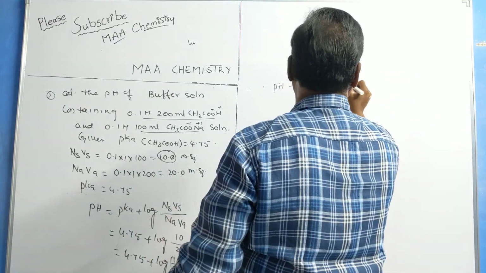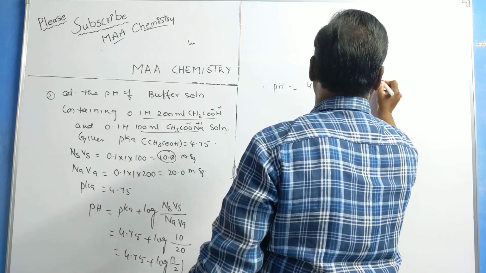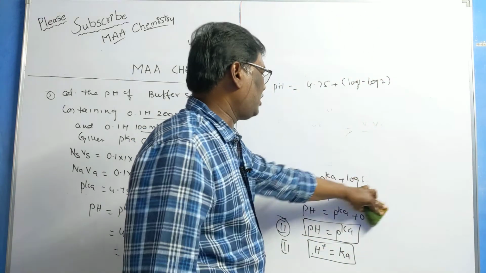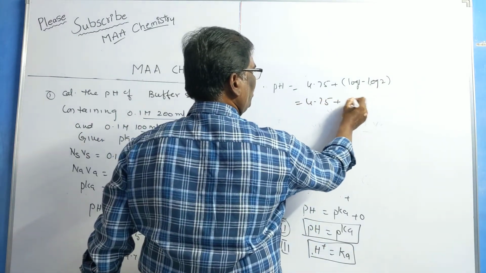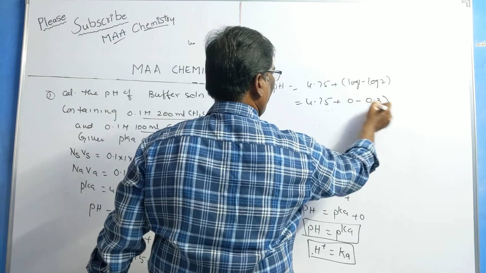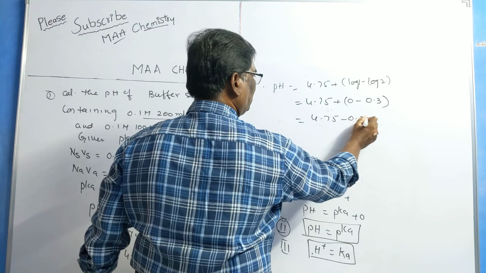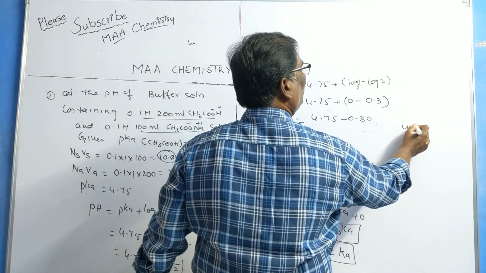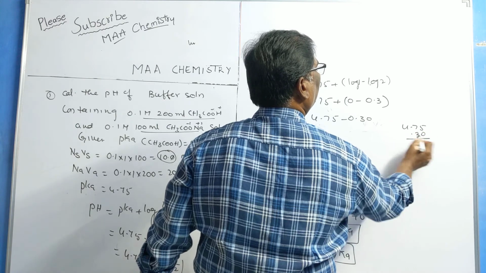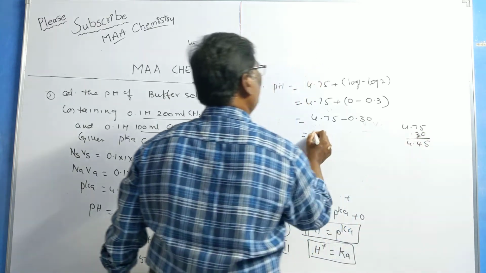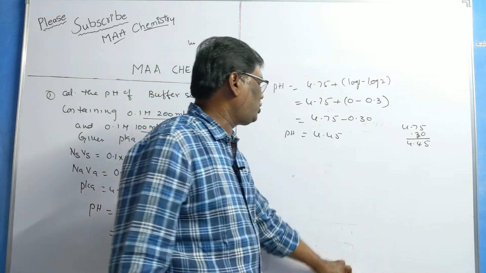So 4.75 plus log 1 minus log 2. Log 1 is 0 and log 2 is 0.3010. So 4.75 minus 0.30 gives 4.45. This is the pH of the acidic buffer solution.